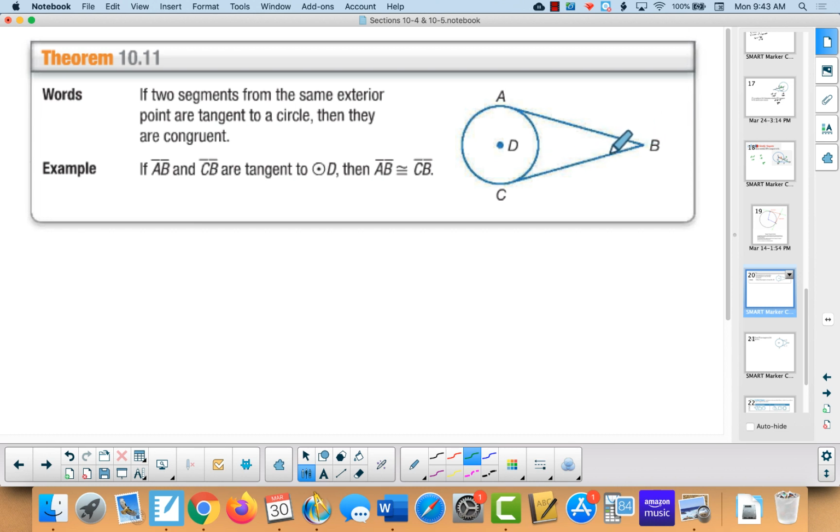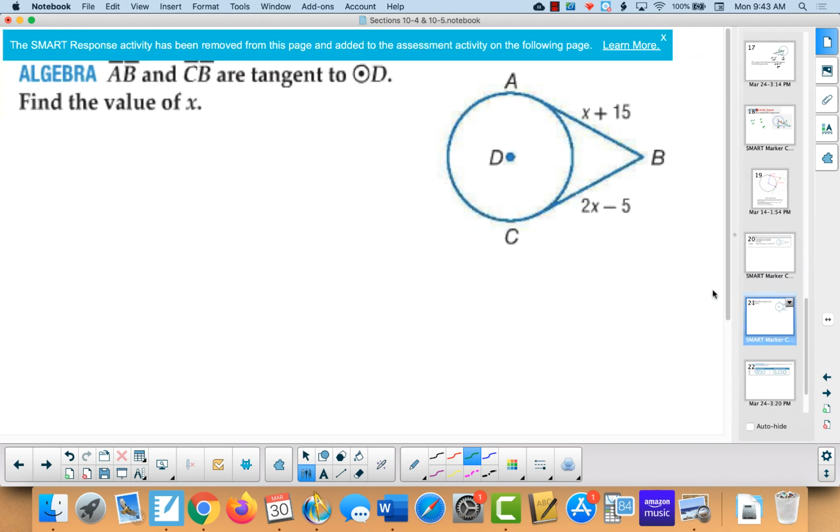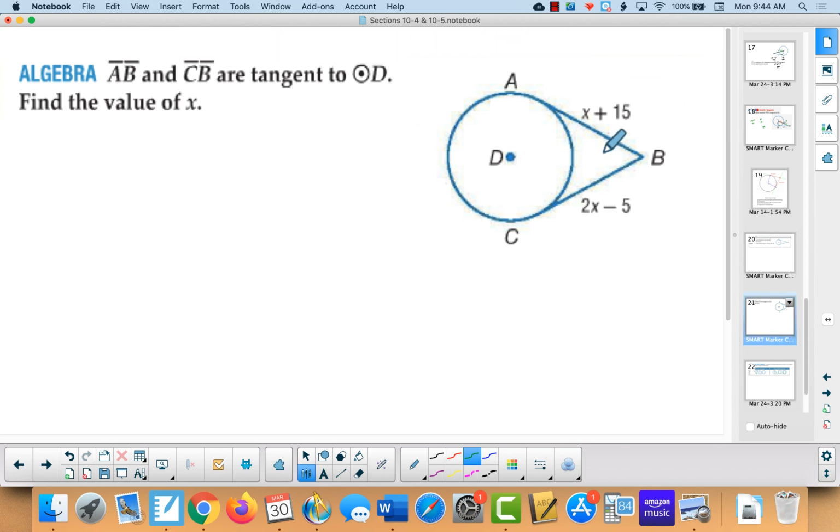Those tangent segments are going to be congruent to each other. So in this picture right here, these are a pair of tangent segments drawn to the same intersection point. They're going to be congruent to each other. So x equals 20.